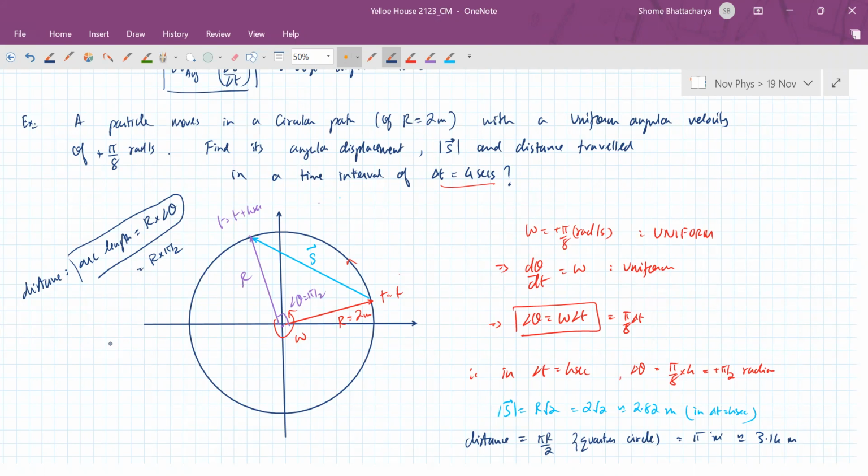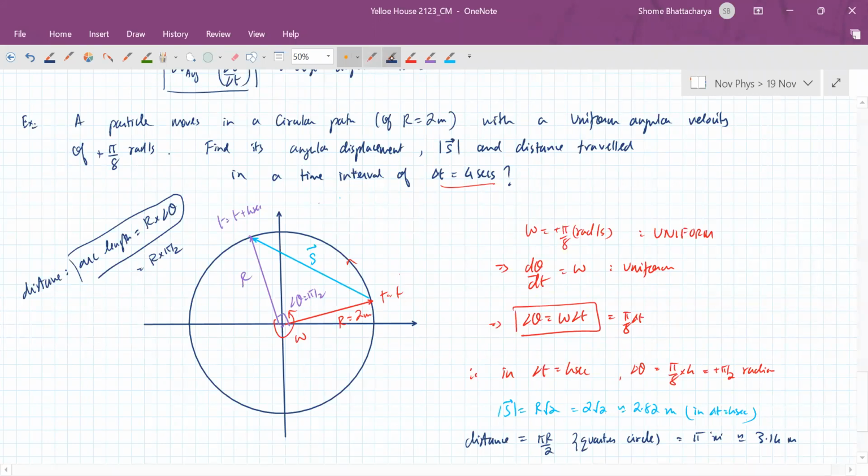So from this, you can see that the angular parameters not only help us find out the position, but even things like displacement and magnitude of displacement, you can get a good idea of if we know about the angular parameters.